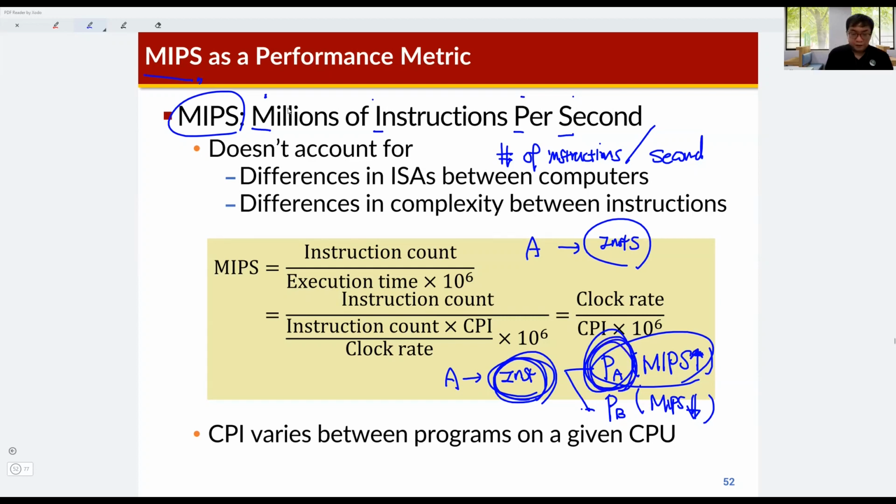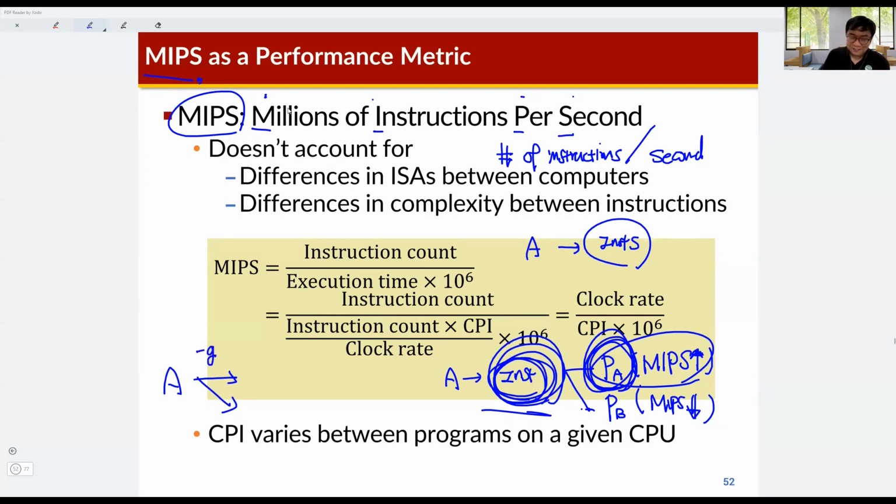But this is true only when the same number of instructions are executed. What does that mean? This is application A, and application A is compiled with the -g option.